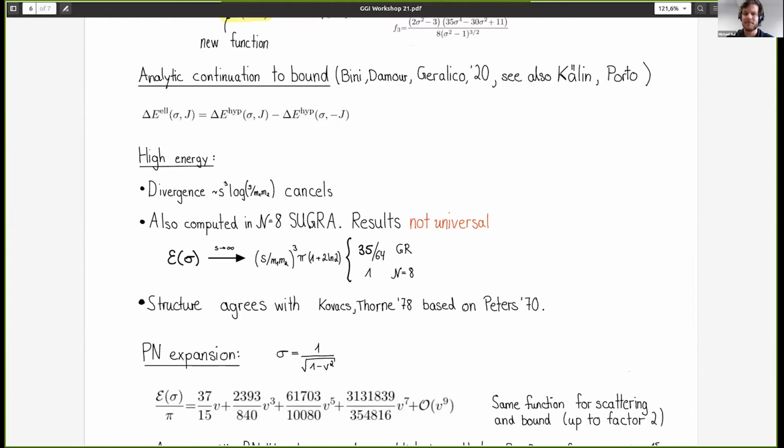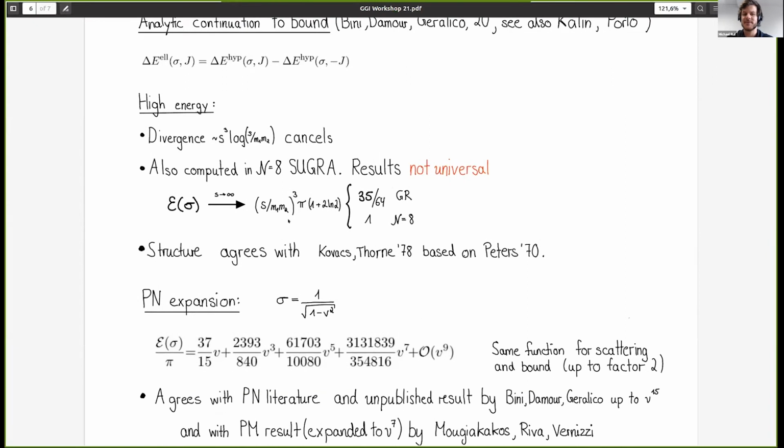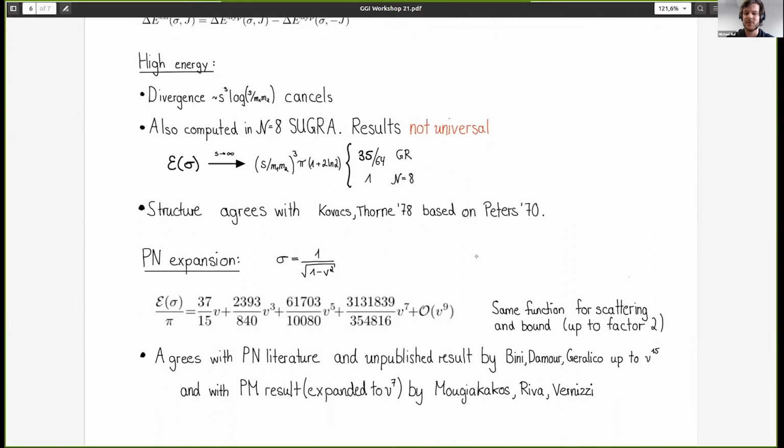So you don't only have the graviton, but you also have vectors and so on, which can propagate. The structure of the high energy limit agrees with some old results, although the numerical coefficient doesn't agree. But it was later verified by Damour, I think, and by others, that the numerical coefficient in the high energy limit is actually, so our result is actually correct.